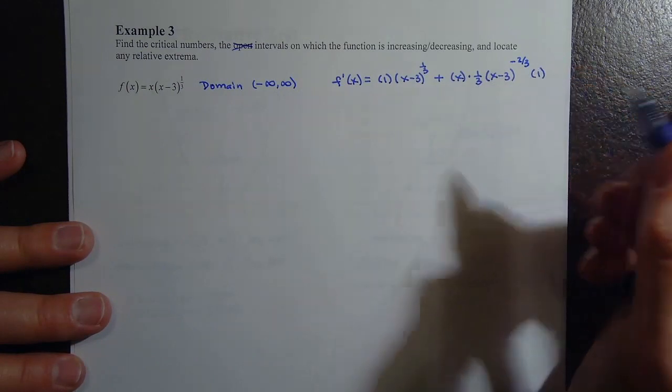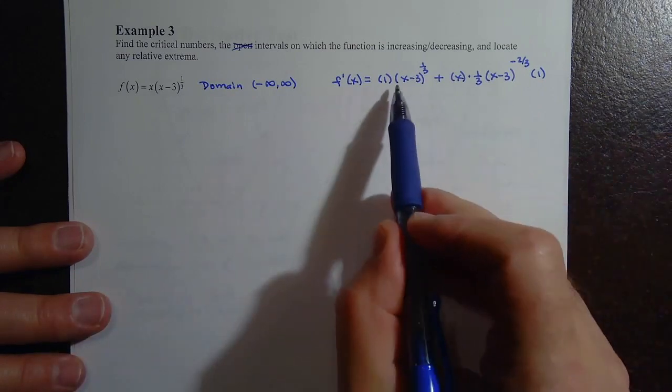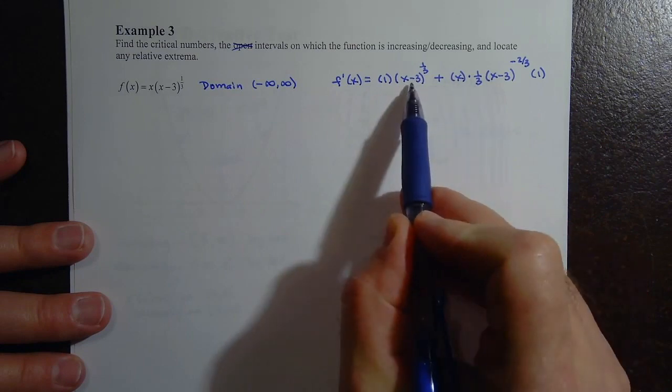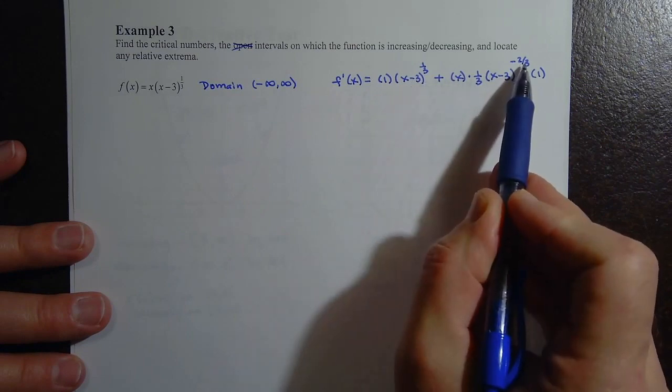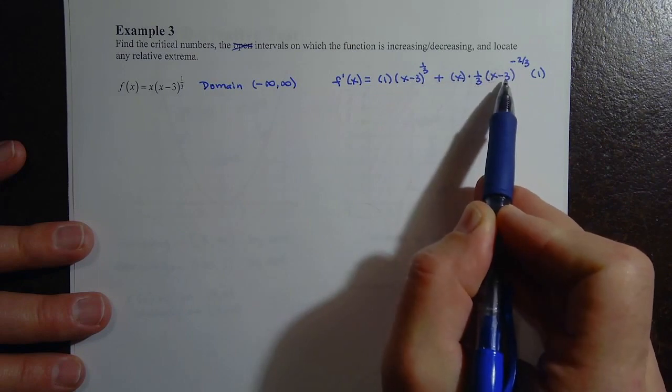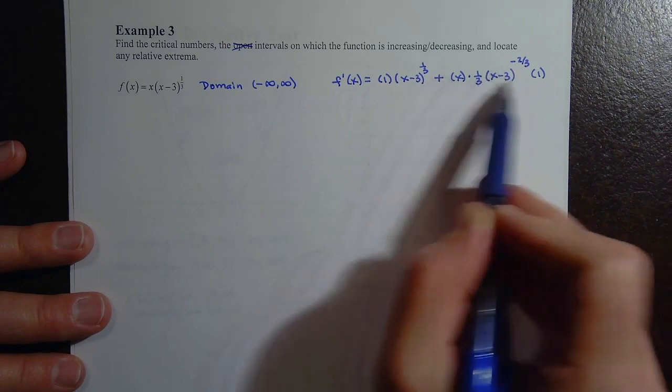All right. So now we should recognize that we have a common factor of x minus 3, and the smallest power is -2/3, so we can factor that out. Actually, let me clean this up first, and then we'll do that.